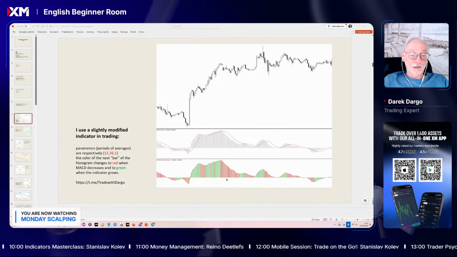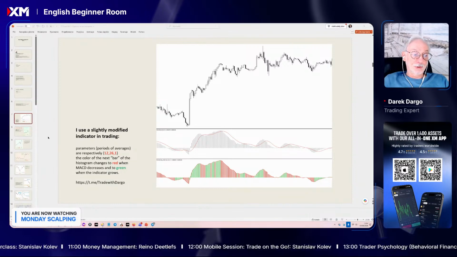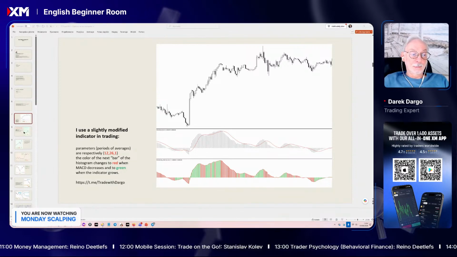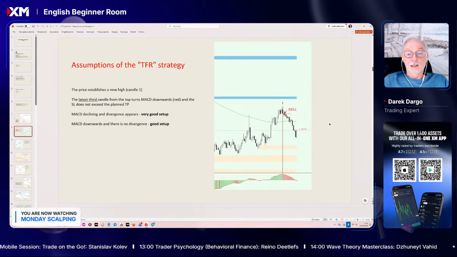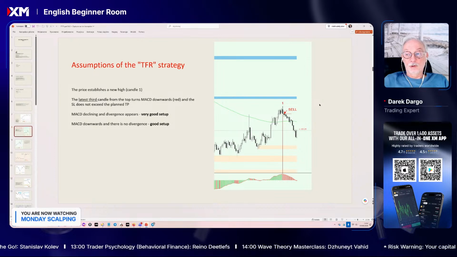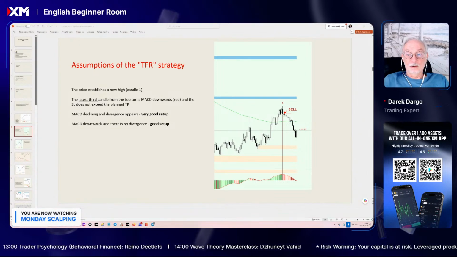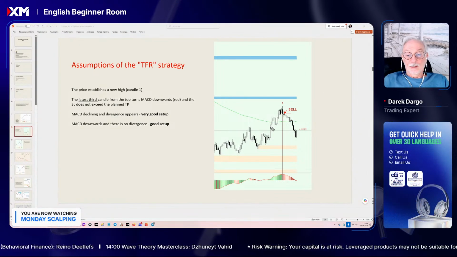How am I using this MACD, how am I scalping? To scalp, I think one picture explains all the rules. What is the best moment to open a sell or a buy? When price is creating a maximum of the day.